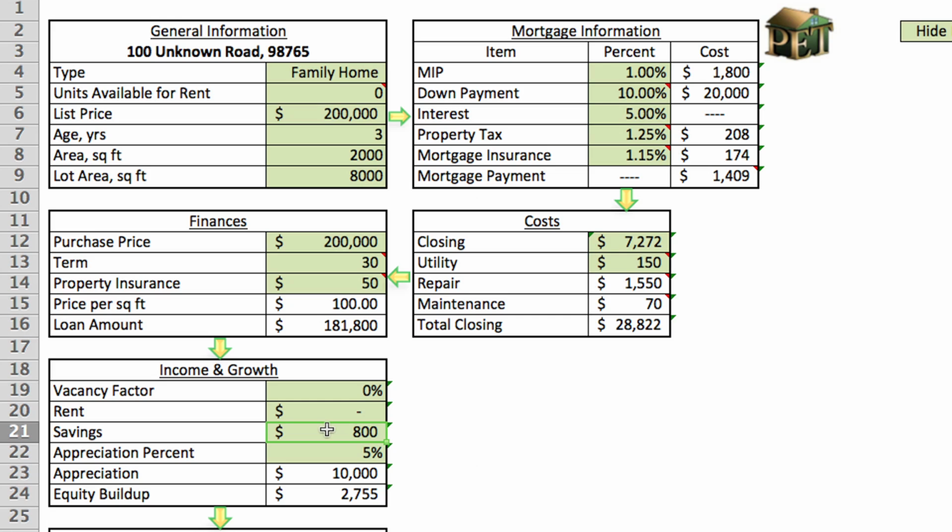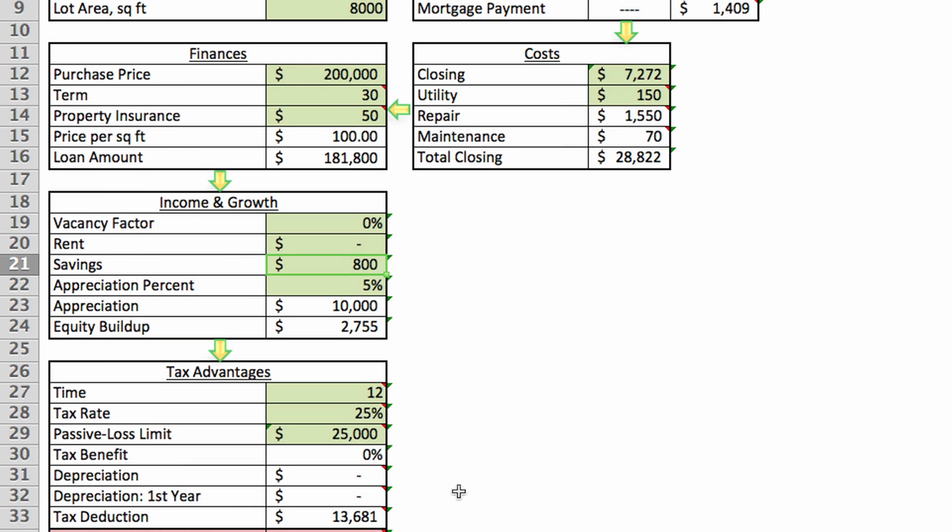Because it's a mortgage payment, which of course portions of that we can deduct because portions of it are interest, and things like this. So I have here an $800 savings that's incorporated into this. I'll refer back to this later to explain more how this works. Here's the appreciation percentage, which I don't actually incorporate into the tool.